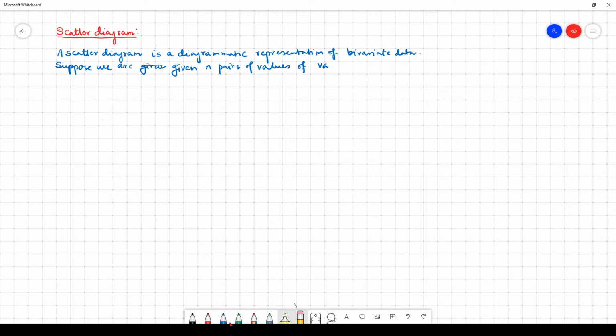Suppose we are given n pairs of values of variables x and y.